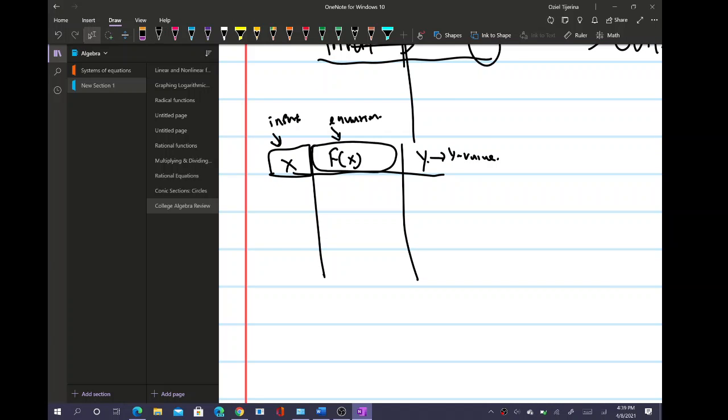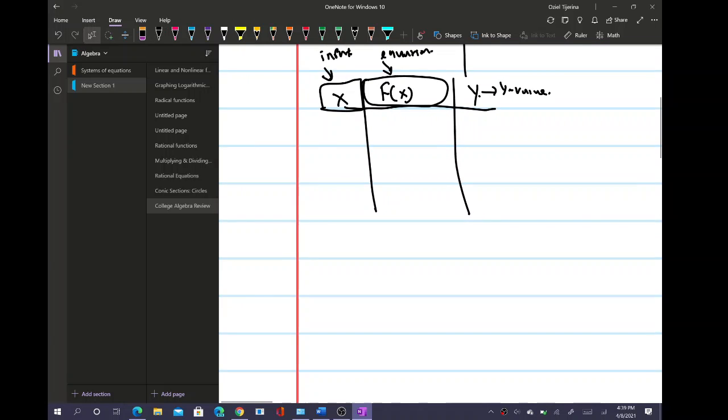And so for example, if I have f of x equals 2x minus 3, and for my input I want to do 1, right? Well, what we're going to do is plug that in.